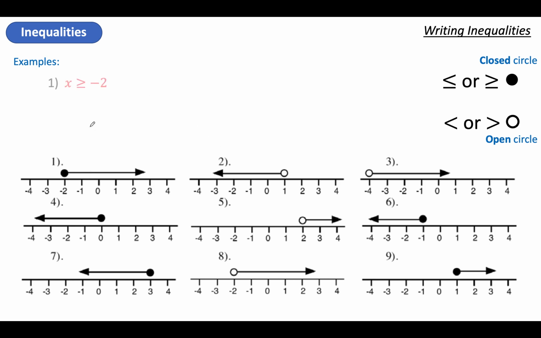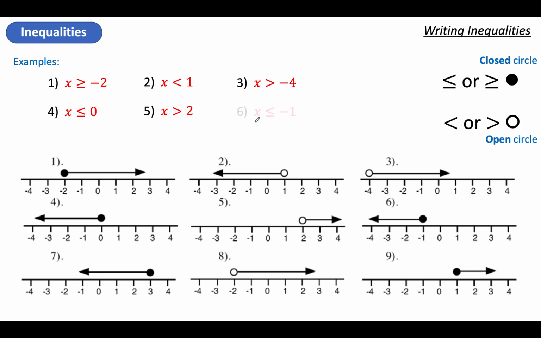Right, here we go. First one, x is greater than or equal to -2. Number 2, x is less than 1. Number 3, x is greater than -4. Number 4, x is less than or equal to 0. Number 5, x is greater than 2.